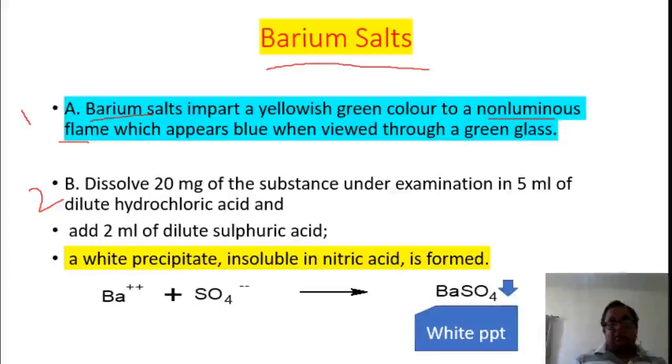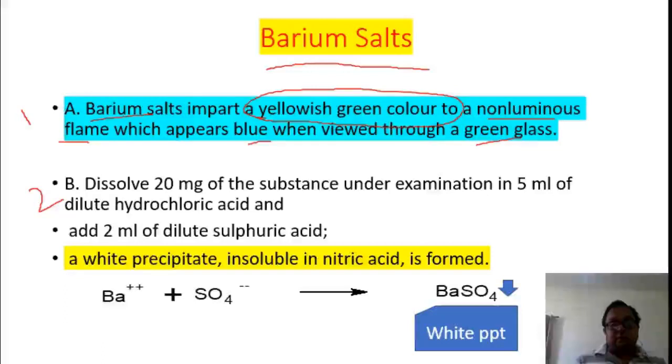It imparts a yellowish green color to this non-luminous flame. And if we see this flame through a green glass, the flame appears blue. So this is the first test for identifying the barium salt.